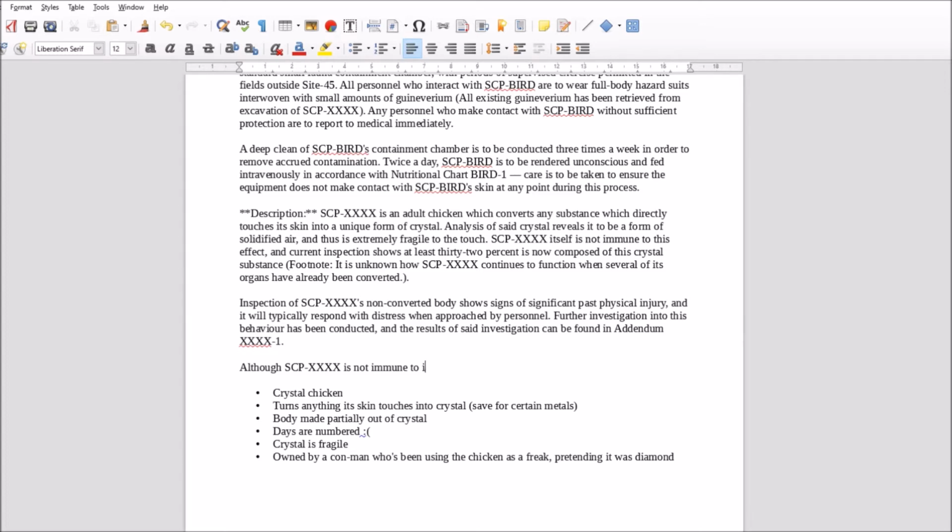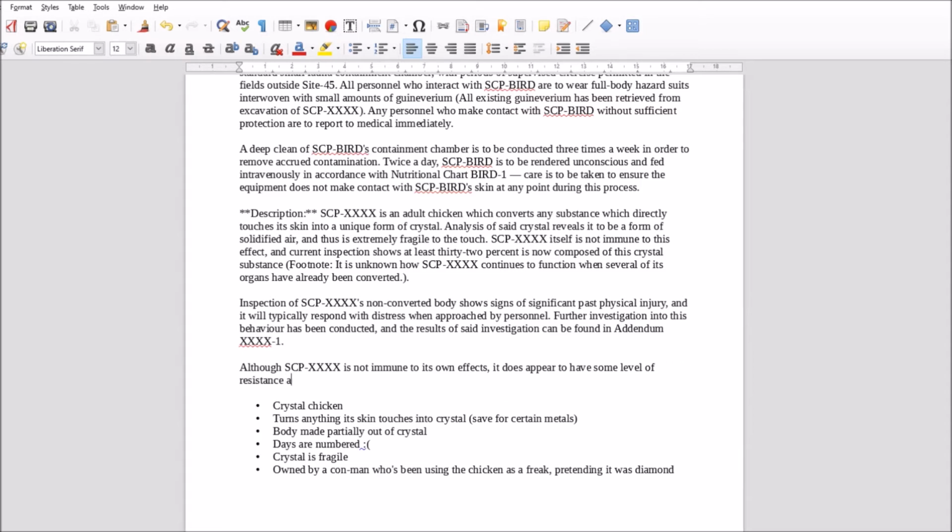It is not immune to its own effects. It does appear to have some level of resistance, as it would otherwise have been immediately converted to crystal upon manifestation of its anomalous properties.